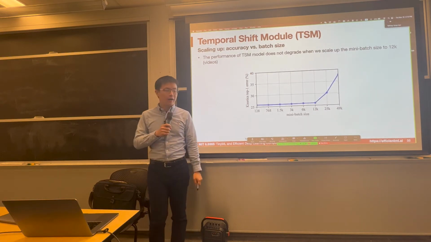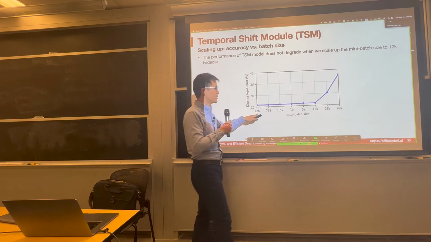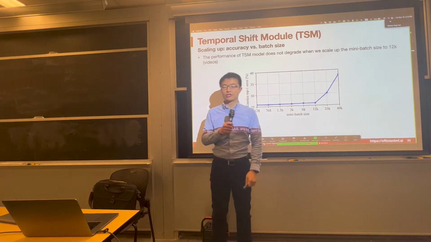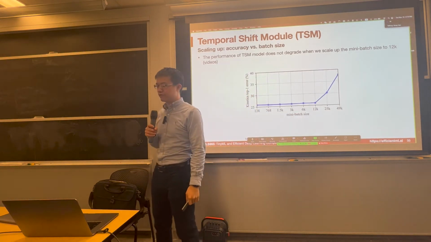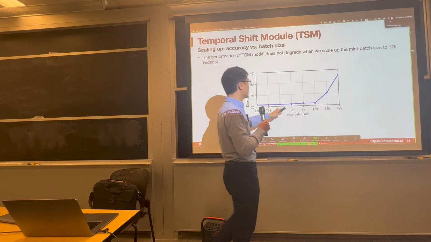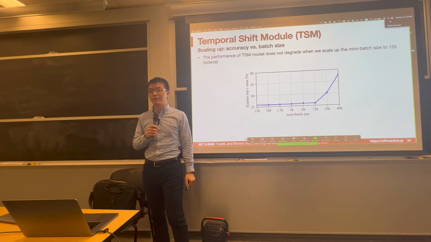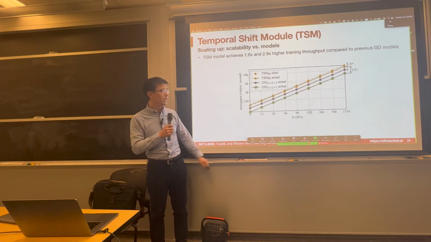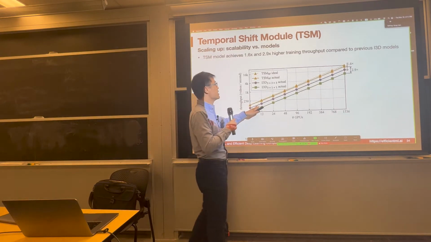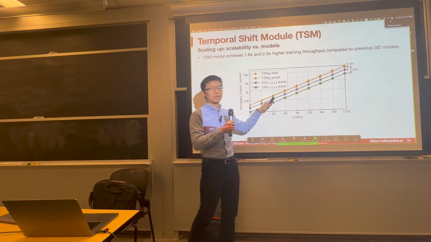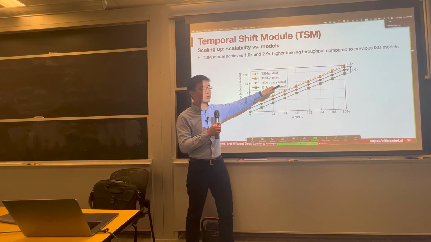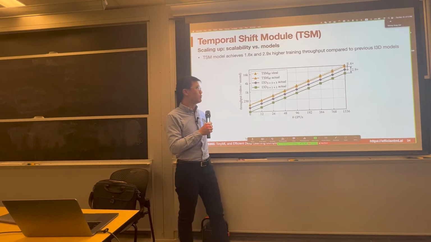Okay, so we also experimented. Can we enlarge the batch size? So when does it fail? Okay, we can enlarge the batch size all the way to 12K before the error goes up. And here we can also compare the I3D using the 3x3x3 kernel versus using the 3x1x1 kernel.